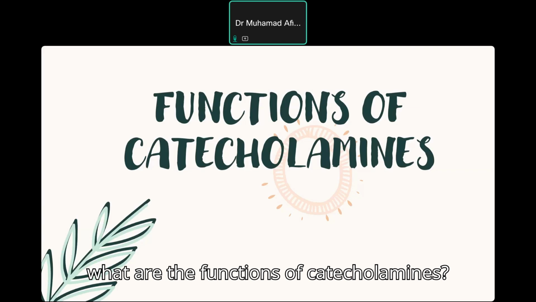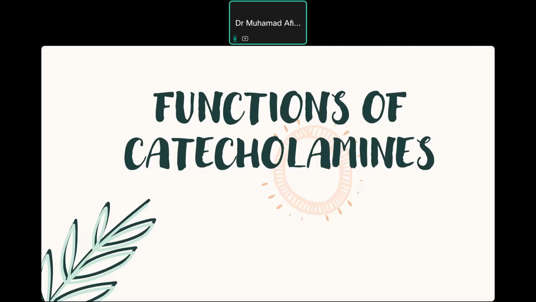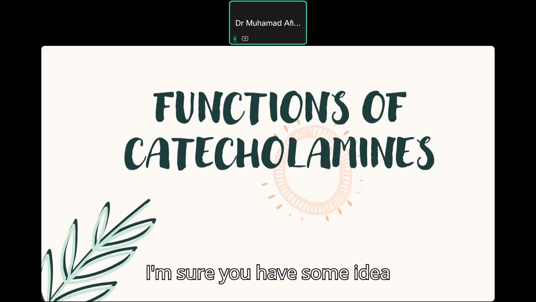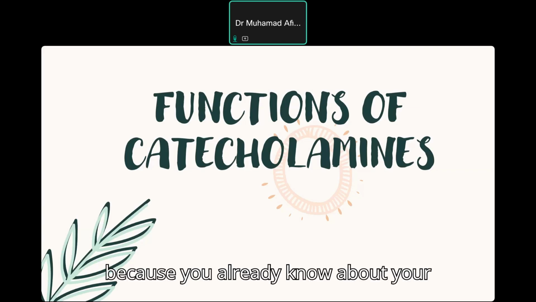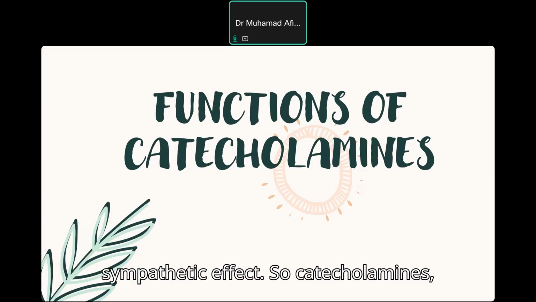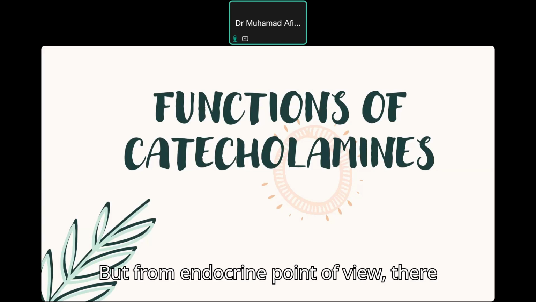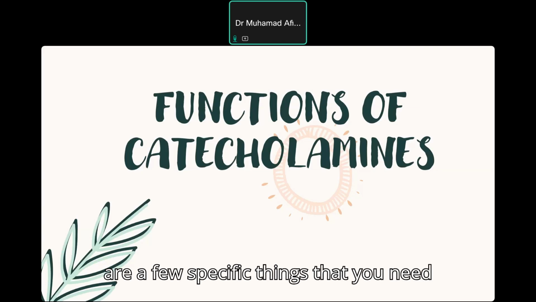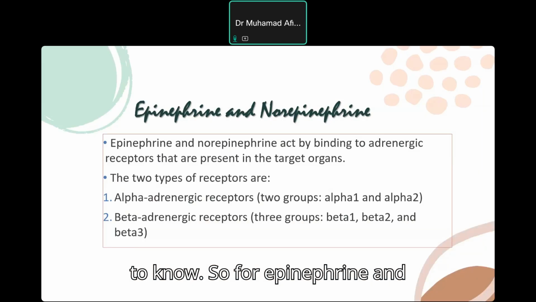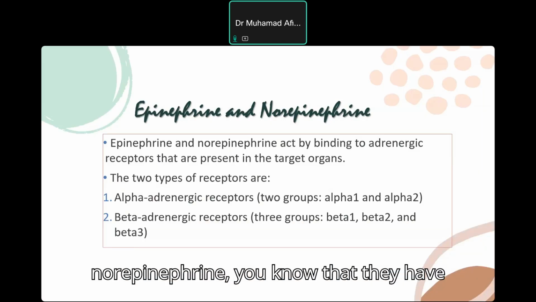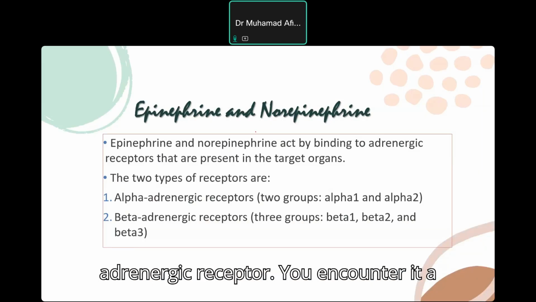So what are the functions of catecholamines? I'm sure you have some idea because you already know about your sympathetic effect. Catecholamines cause these sympathetic effects, but from an endocrine point of view, there are a few specific things you need to know. Epinephrine and norepinephrine act on adrenergic receptors.